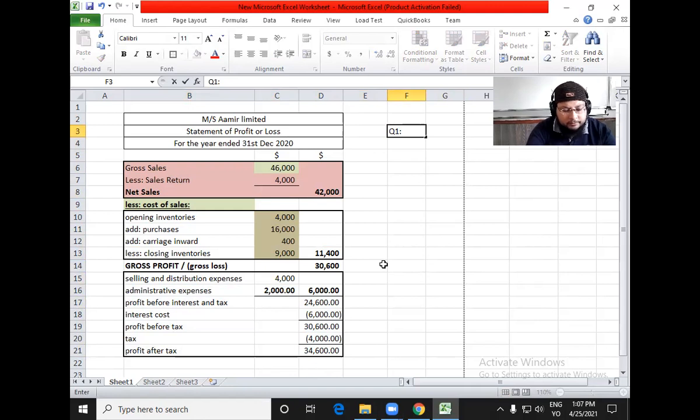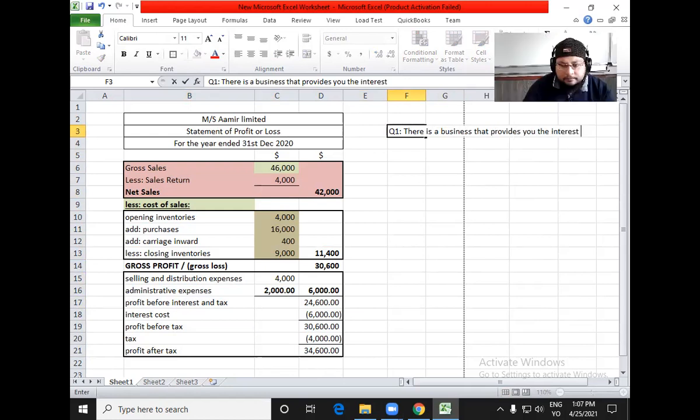Let's suppose there is a business that provides you the interest cost, $4,000, and also mentions the gross profit as $60,000.